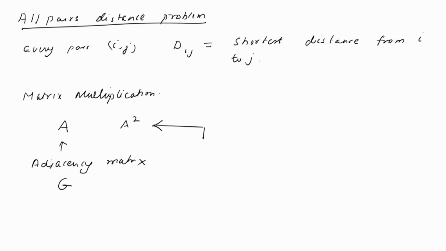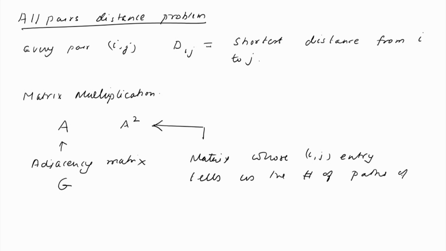In fact, the entry will correspond to the number of such paths. So, A square you can think of as a matrix whose i comma j entry tells us the number of paths of length 2 between i and j.